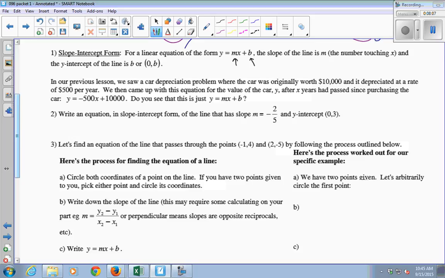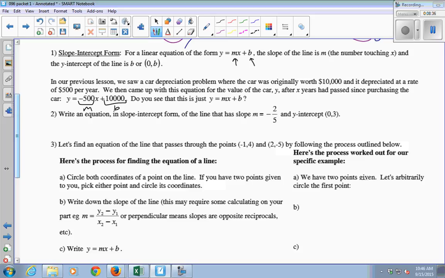Many of you wrote it as 10,000 - 500x. Those are equivalent. Because it starts at 10,000, you subtract 500 year after year, so you multiply 500 by the number of years, x. Can you see that this is the form y = mx + b? That -500 is my slope, and that 10,000 was the y-intercept, b, the original price of the car.